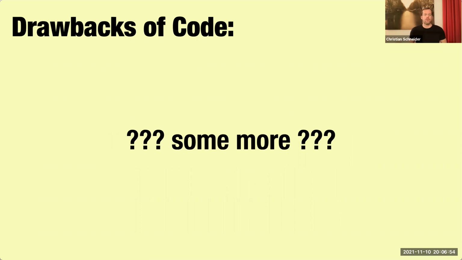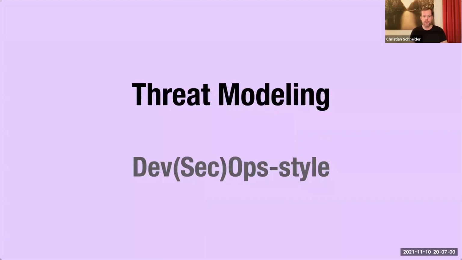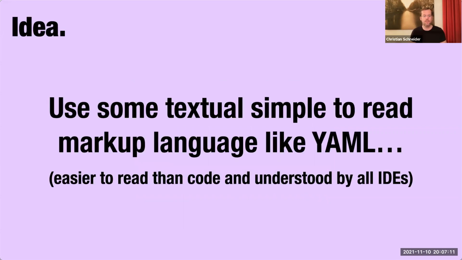There might again also be some more drawbacks of having threat models being something like code, but that's just a few examples. And well, how can threat modeling then become something that's more fluent in agile projects and more compatible to those DevOps things?